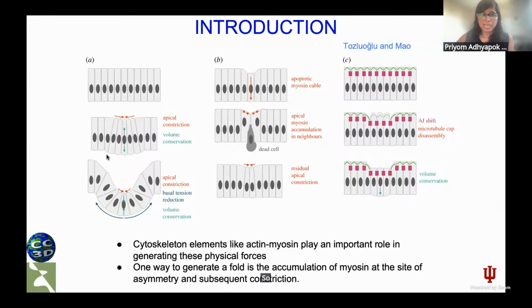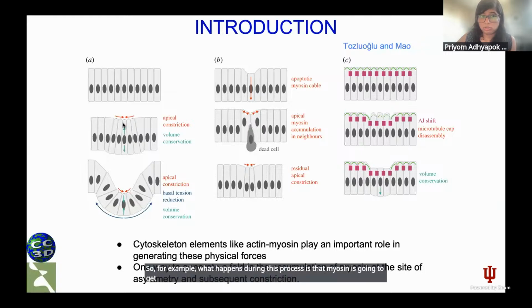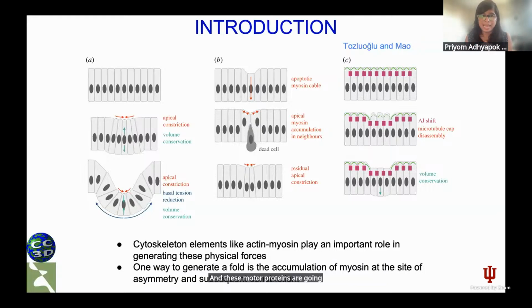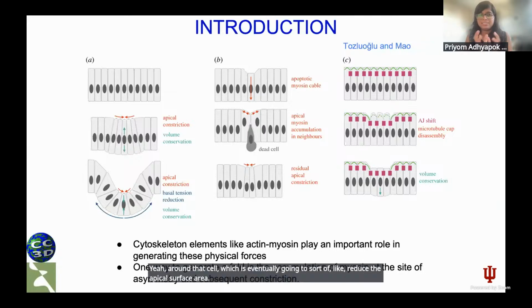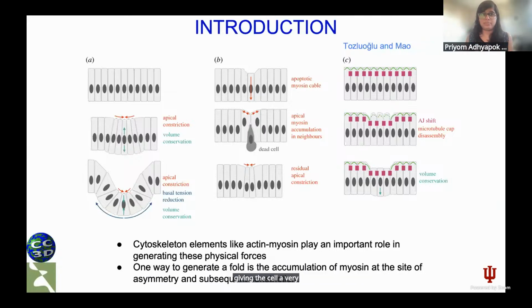During this process, myosin accumulates at the top of the cell, towards the apical region. These motor proteins pull on the actin network around that cell, which reduces the apical surface area, giving the cell a very wedge-like shape.